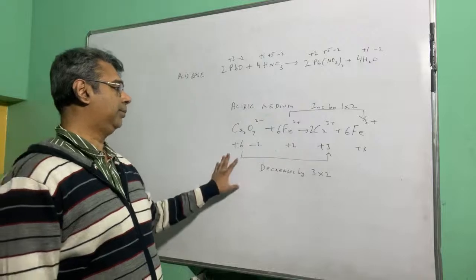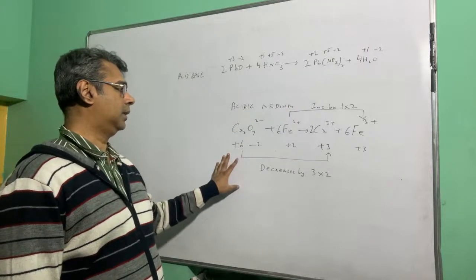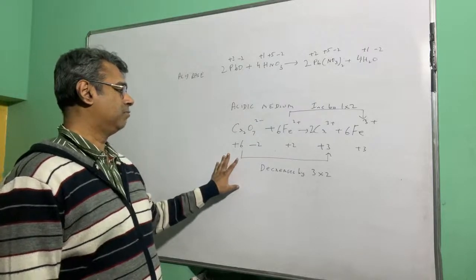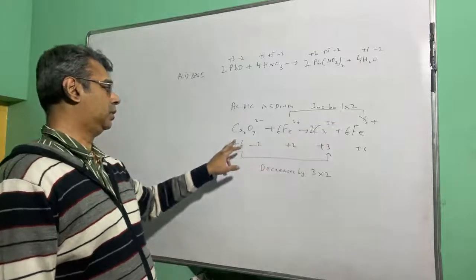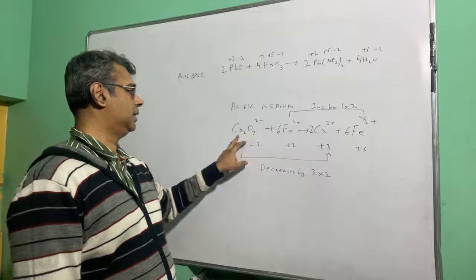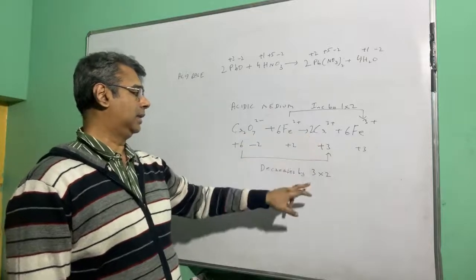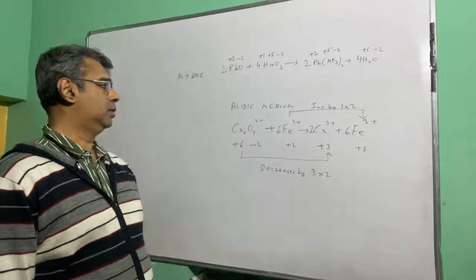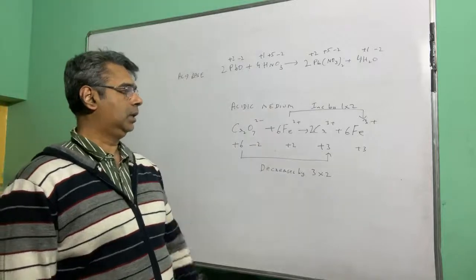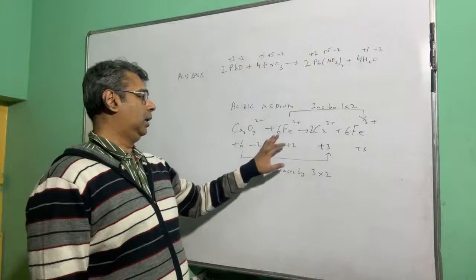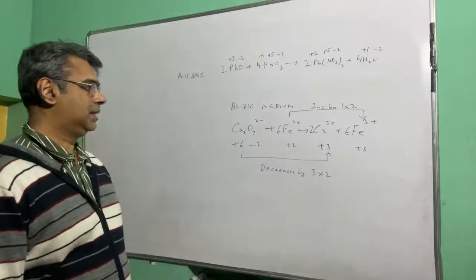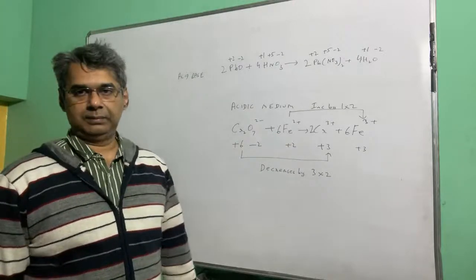So you will have to put this coefficient 2 over here, because already this is Cr2, and this is 3 2s are 6, so you just put a 6 over here, right? So now the balancing has happened, but oxygen is 7, right?